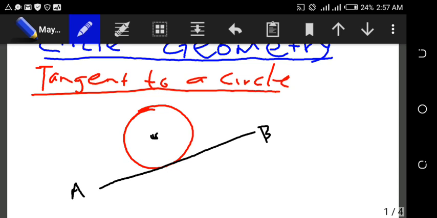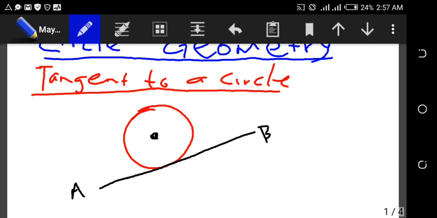Let's call the circle O. This circle has O at the center, so this line AB becomes a tangent to the circle O. The tangent does not pass through the circle. It just touches a part of the circumference, and that is what makes the tangent.